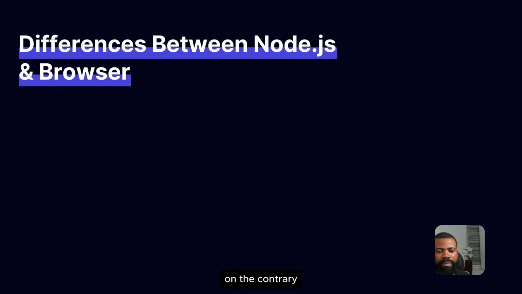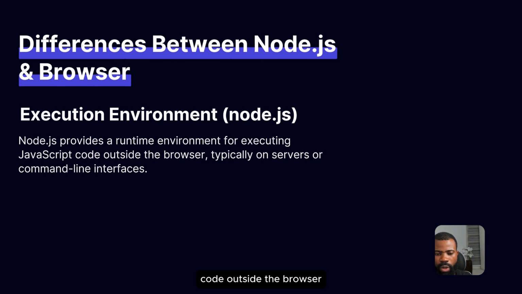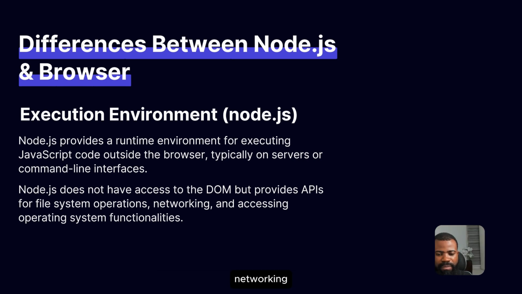On the contrary, Node.js provides a runtime environment for executing JavaScript code outside the browser, typically on servers or command line interfaces. Next, Node.js does not have access to the DOM, that is, Document Object Model, but provides APIs for file system operations, networking, and accessing operating system functionalities.